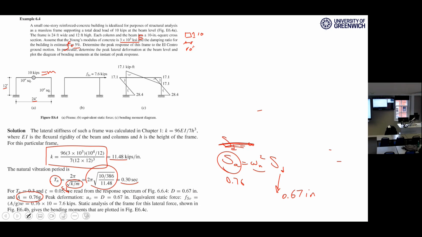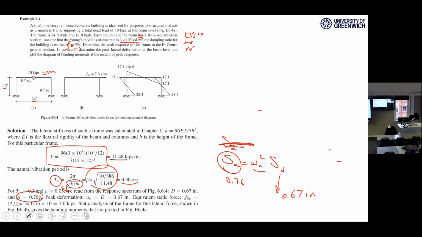It means that if the El Centro earthquake occurs, the ground shakes, this one-story building will shake, and the maximum deformation during the 30 seconds of the earthquake will be 0.67 inch.